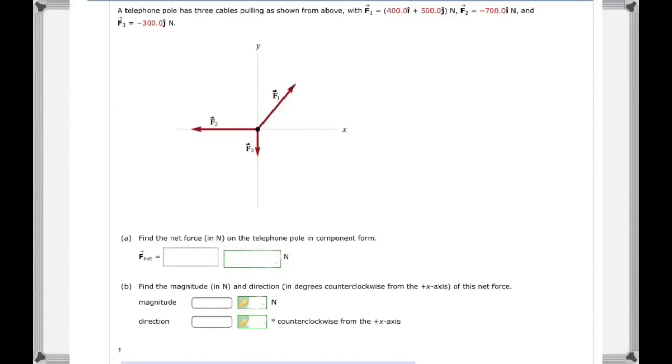Which brings us to this question. A telephone pole has 3 cables pulling as shown. F1, F2, and F3 are given in terms of the i, j, k vectors. You have to find the net force, which is a simple thing. What you do is take the vector sum of all of them.